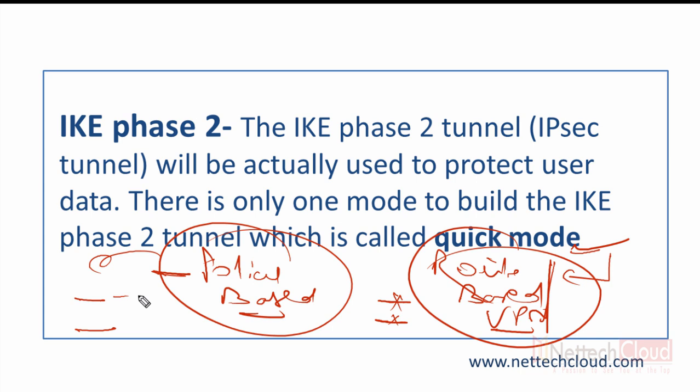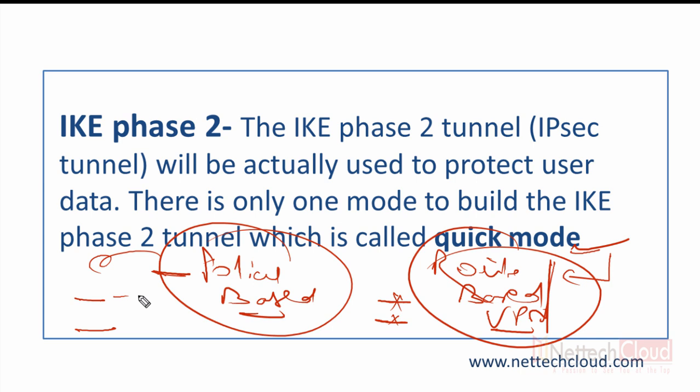But the important point to understand here is that in route-based VPN we do routing, dynamic routing or maybe static routing, and the most important, super important point is that in route-based VPN the number of phase 2 tunnels would remain only one pair, no matter how many networks or subnets we want to protect with IPSec, right?